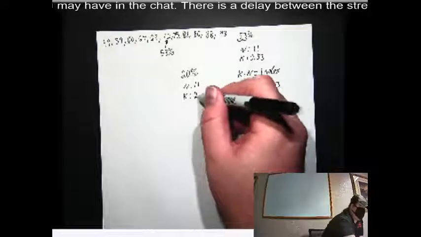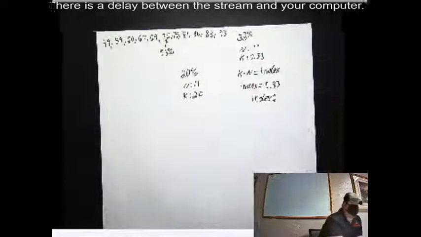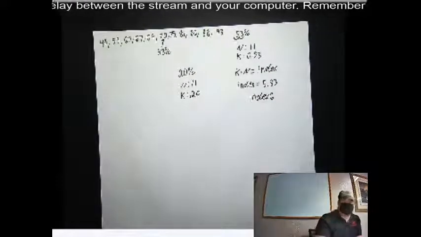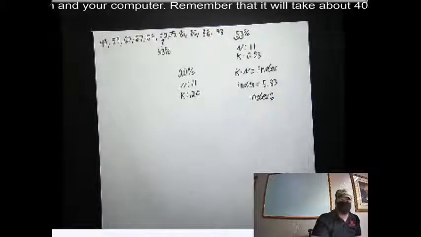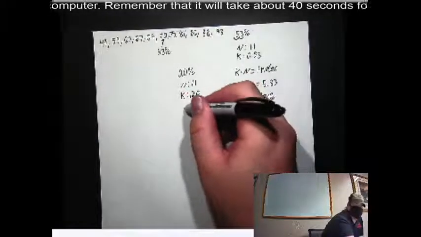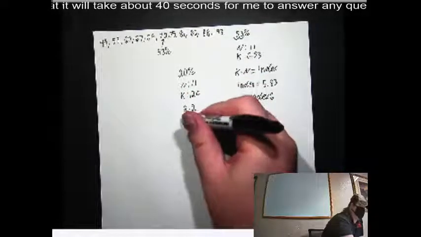0.20. So now we multiply 11 times 0.2, and we get 2.2. And if we round this to the nearest whole number, that means our index is 2.